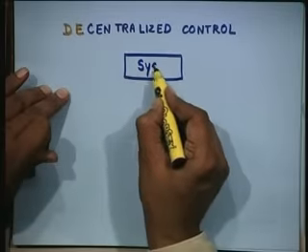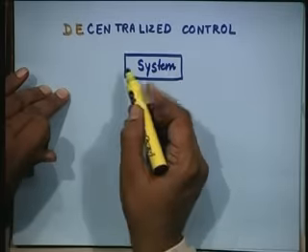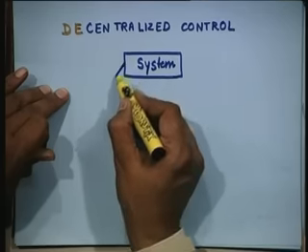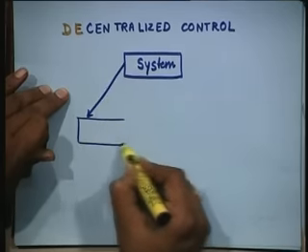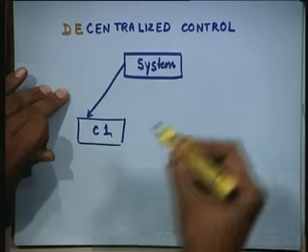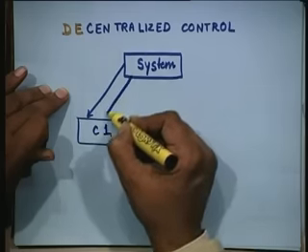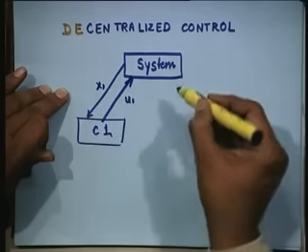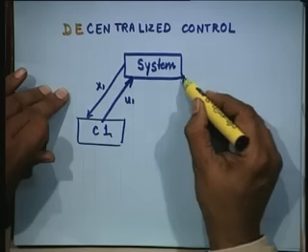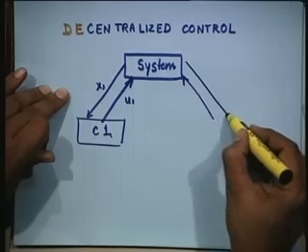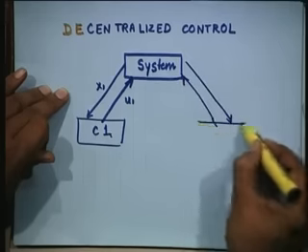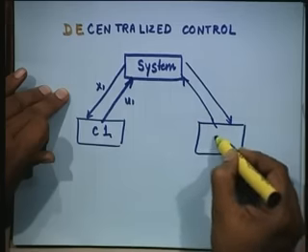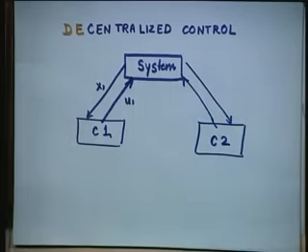So, if there is a system, maybe it is the whole country or whole world or whole Europe, whole continent or SAARC or whatever, this is controller 1. This is U1, this is X1. Similarly, you can have more than 2. I am just explaining you the principle. Controller 2. This is decentralized control.